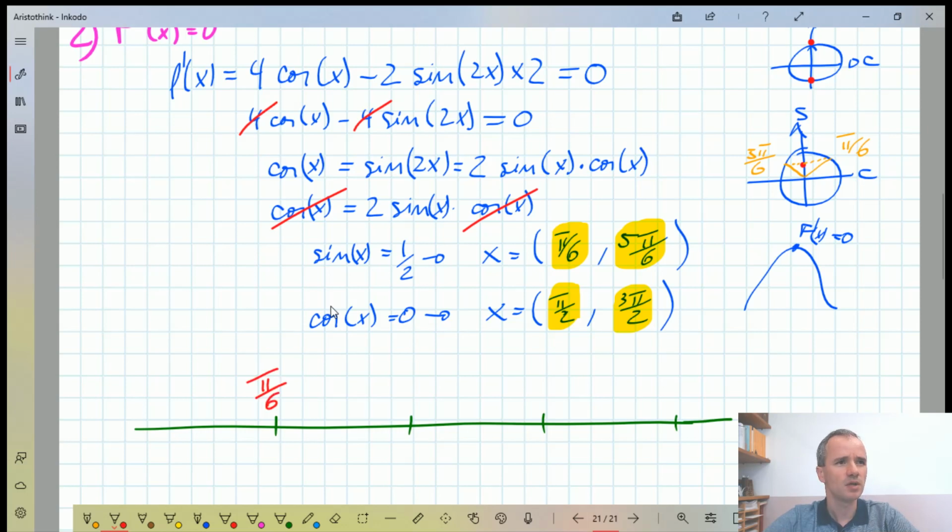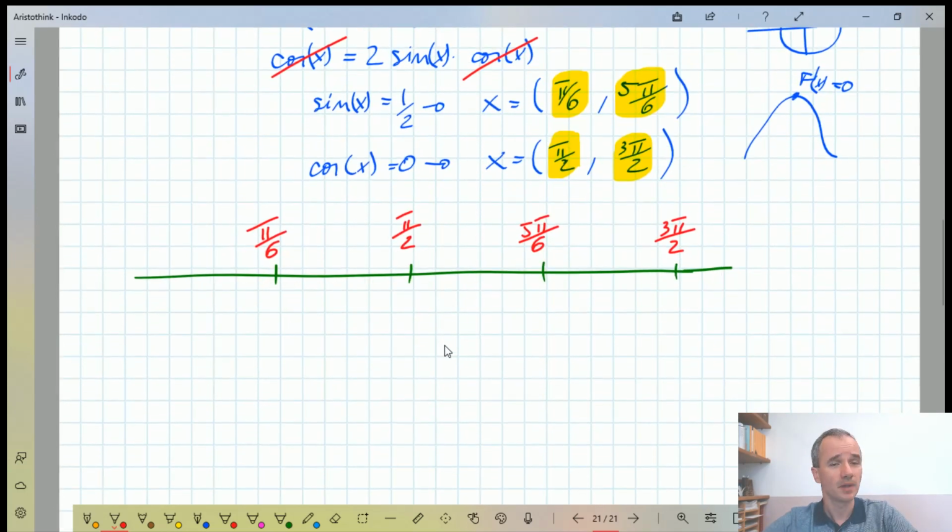The second one is going to be pi over 2. Now is going to be 5 pi over 6, and finally 3 pi over 2. Is that correct? Yes, it is.